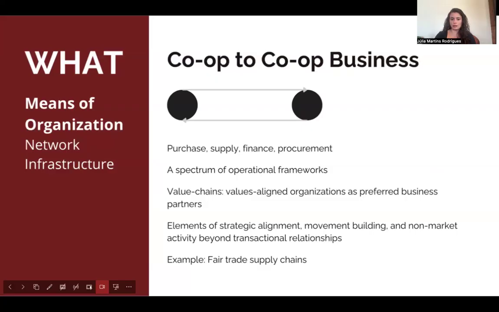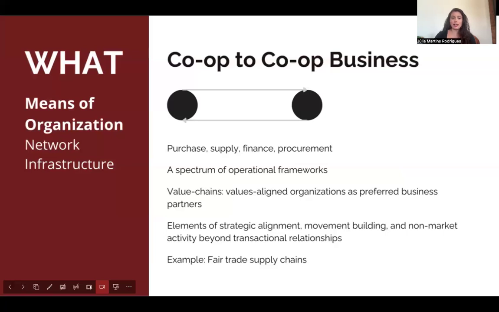In the co-op to co-op business category, we see formal partnerships between institutions that share common values, engage in activities like purchasing, supplying, financing, and procurement.